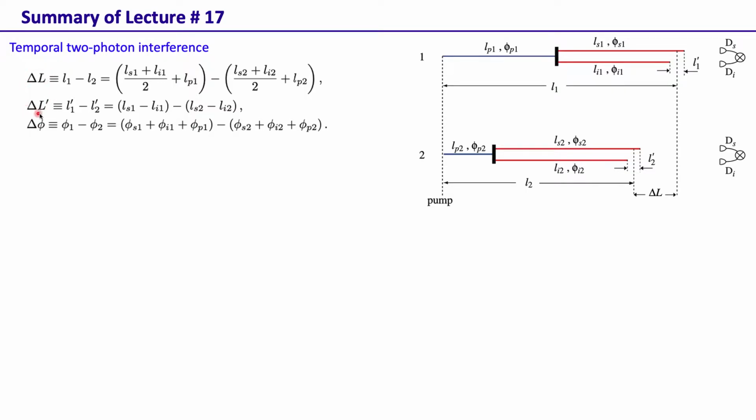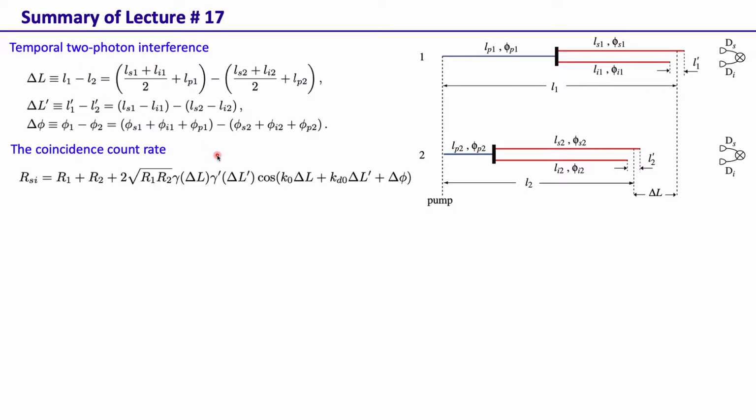Corresponding to every length parameter we had a time quantity as well, which we represented by tau. With all these quantities we calculated the coincidence count rate in terms of delta L and delta L prime, and we could also represent that in terms of the corresponding time quantities, delta tau and delta tau prime. The definitions of delta tau and delta tau prime are pretty much the same.